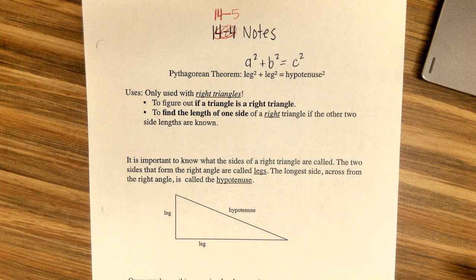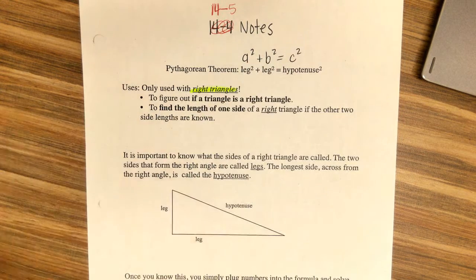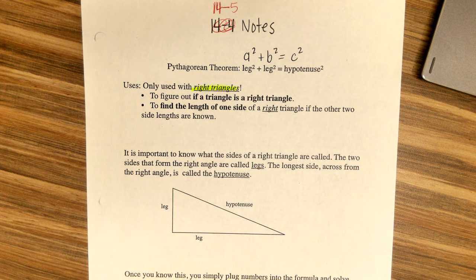What shape do we use it for? What kind of triangles? Only used for right triangles. And if you guys remember, there was a mathematician named Pythagoras, and he was playing with squares. And what he figured out is if you put two small squares together and then a third bigger square, if it forms a right triangle, then the area of the two smaller squares will add up to equal the area of the bigger square.